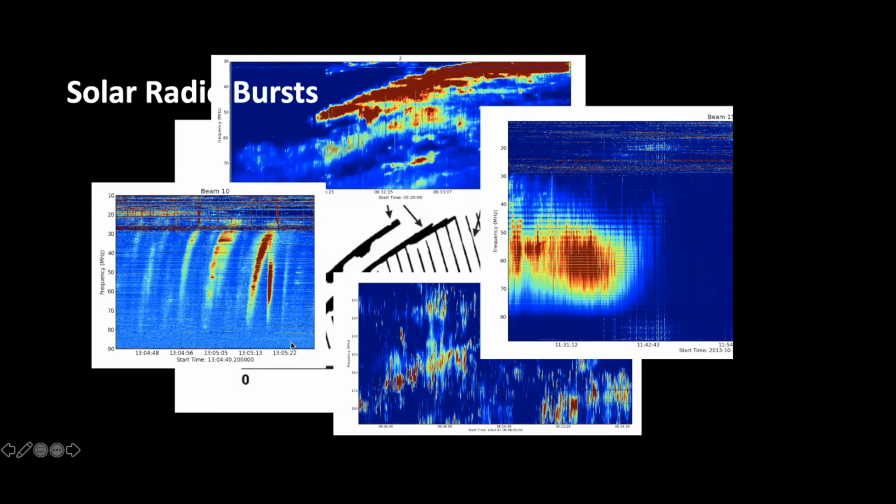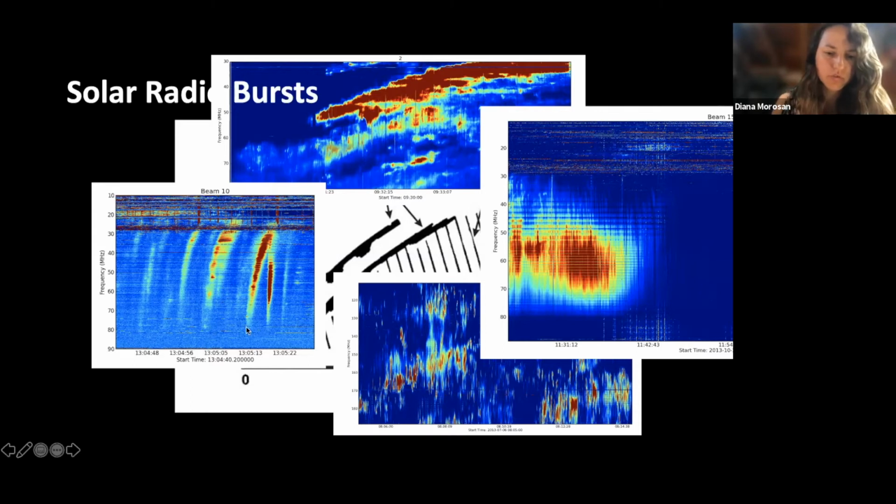I think he means, can you monitor the drift rate as you can with the type 2s? Exactly. So yes, usually what we do is we zoom in and point and click along either the leading edge or the spine or the middle. And that's how we get the drift rate. Same, we could get the slope from it, the same as type 2s, but this time scale would be a few seconds, while this time scale is a few minutes. So that's the only difference. But we can zoom in and work on it whatever way we want.